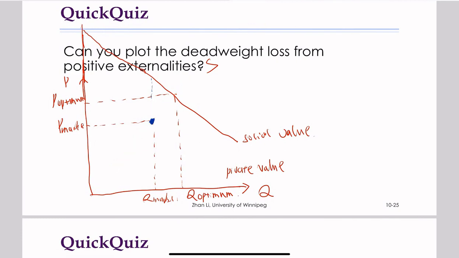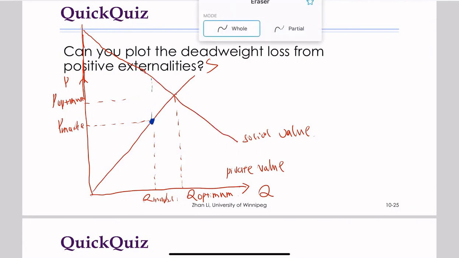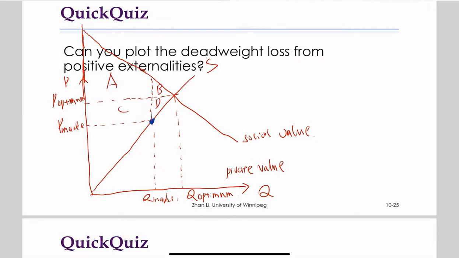Oh no, okay, this is a mess. So let's see, how could we find out the deadweight loss. So I'll call these shapes A and B, C and D and E, right?